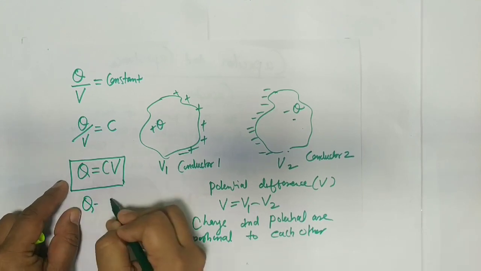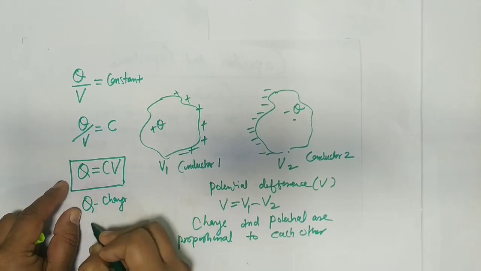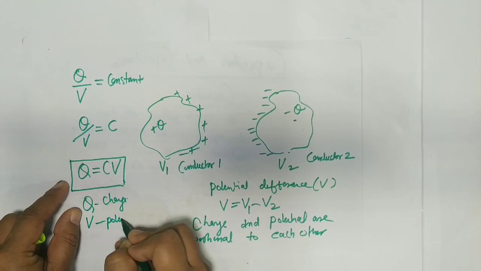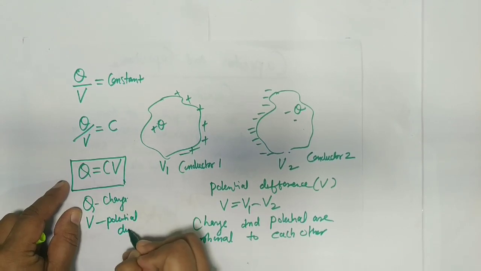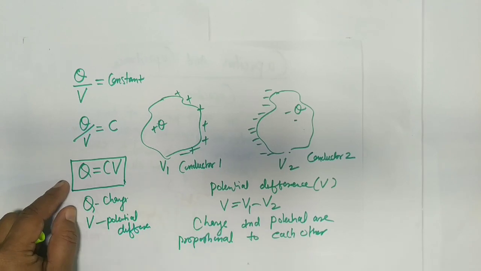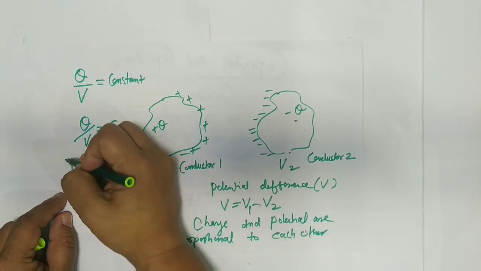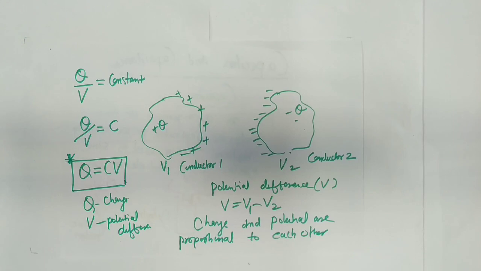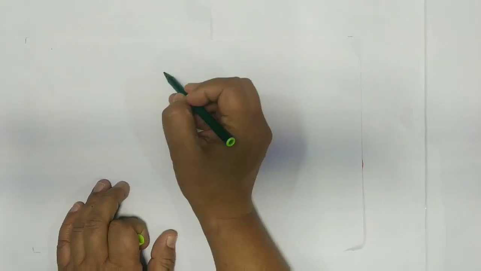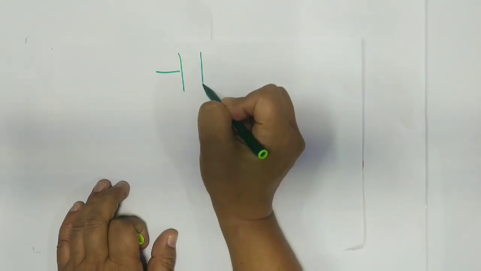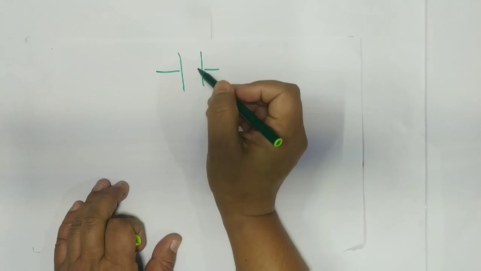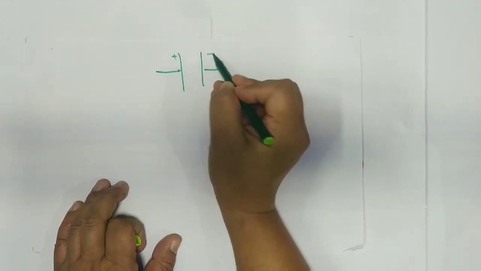What is Q? Q is the charge. What is V? The potential difference between the two conductors. So Q equal to CV. Capacitors are represented like this, like two plates, one positive and another negative.